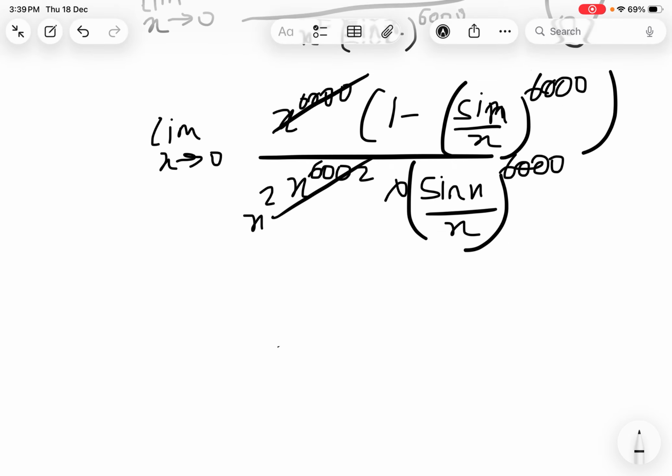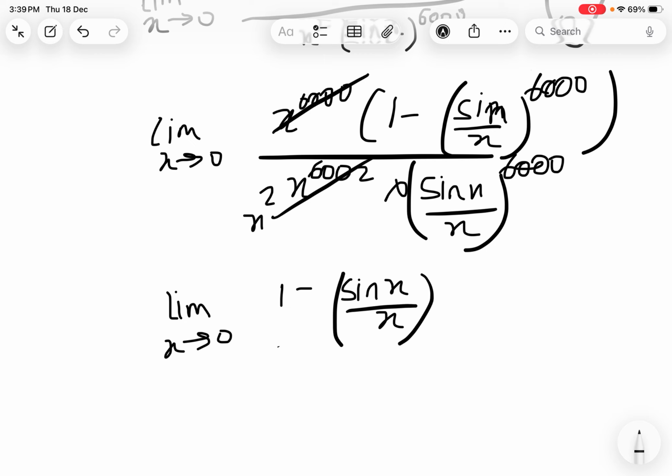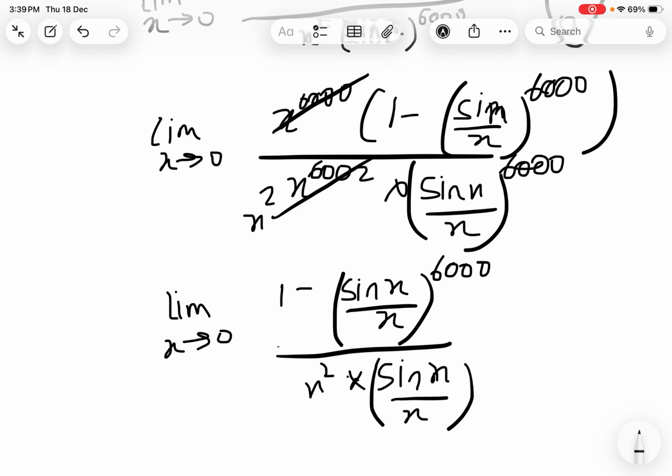So what does this limit become? It becomes limit x tending to 0, 1 minus sine x by x raised to power 6000 upon x square into sine x by x raised to the power 6000, right?